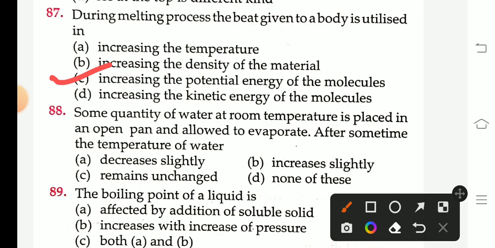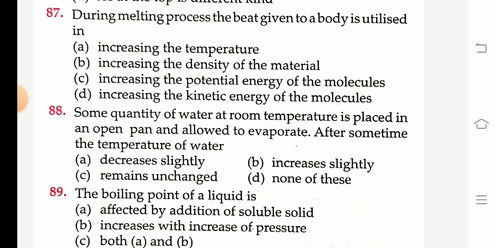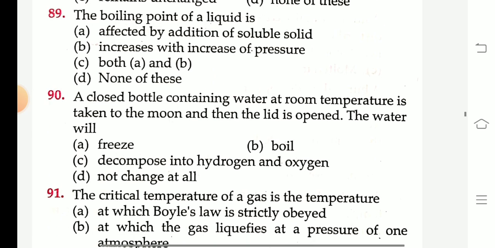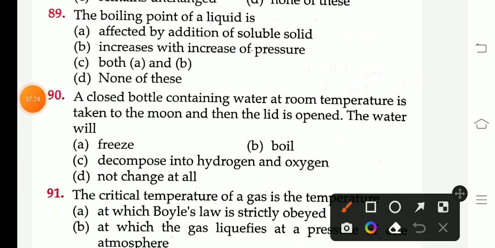After some time, the temperature of water. Right answer will be option A. Decreases slightly. Next, the boiling point of a liquid is. Right answer will be option C, both A and B. A. Affected by addition of soluble solid. B. Increases with increase of pressure.